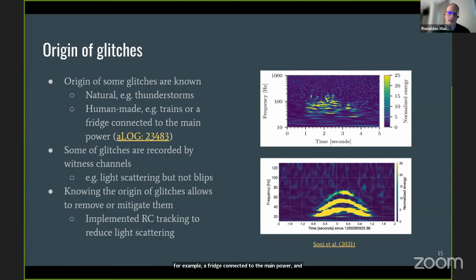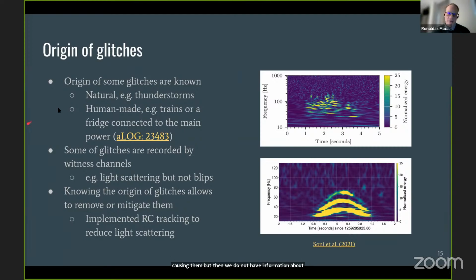So we have natural and human-made glitches, and then some glitches are actually recorded by witness channels. I will talk about that later, but we have a lot of sensors around our detectors that are trying to record a lot of things, and maybe we are able to find the origin of the glitches. So we know that some glitches are recorded by our sensors, and we know what is causing them, but we do not have information about some other types of glitches.